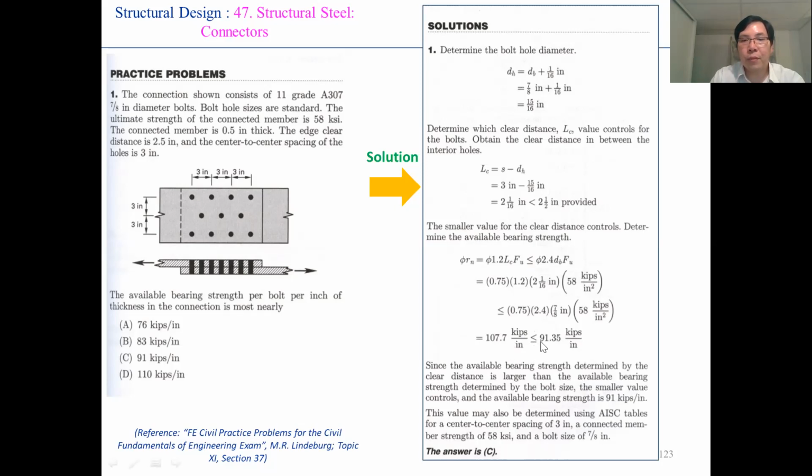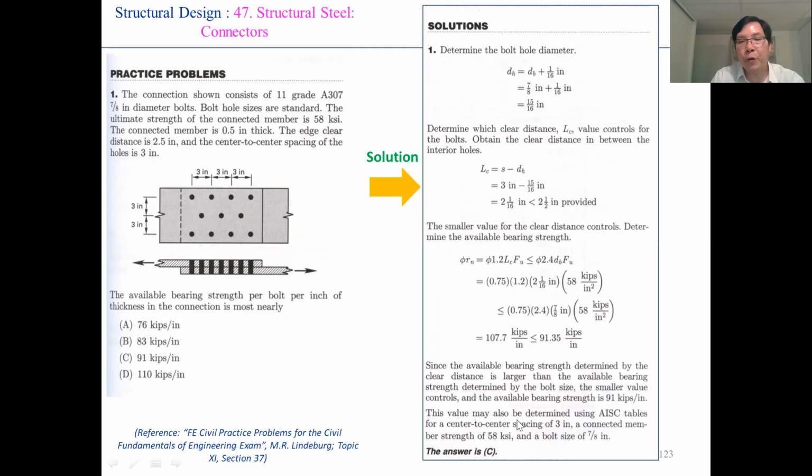So because this value is not inferior to this value, we can conclude that since the available bearing strength determined by the clear distance is larger than the available bearing strength determined by the bolt side, the smaller value controls, and the available bearing strength is 91 kips per inch.